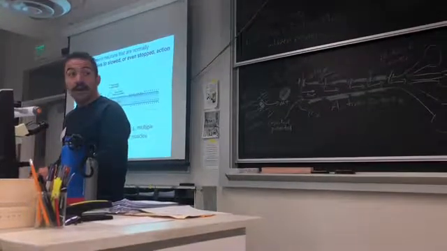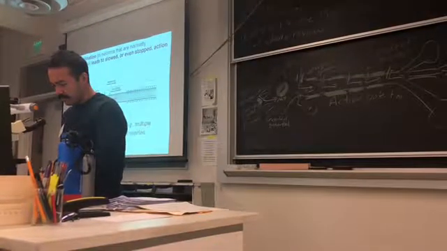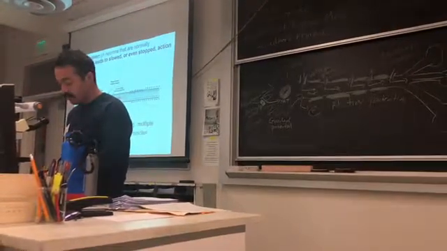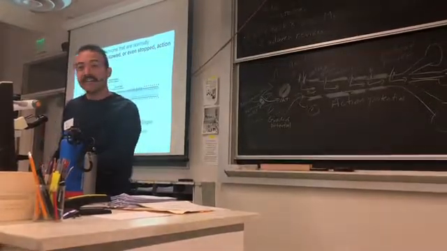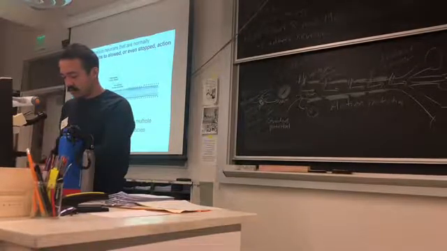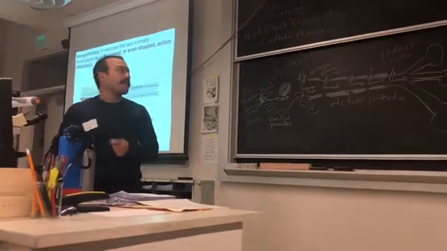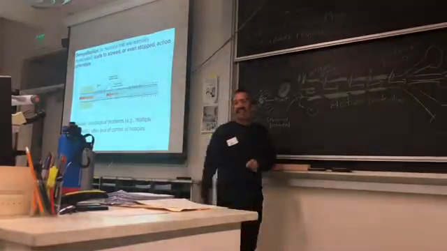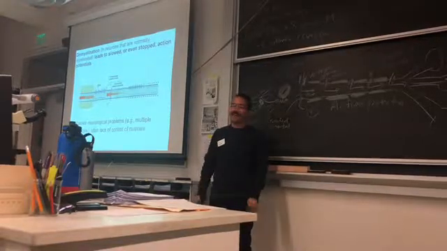I've got a stupid question. What's up? At the node of, how do you say it again? Node of Ranvier. If sodium is leaking out, where is the other sodium coming from? It's actually not sodium leaking out, it's potassium. I don't want to get into that detail.